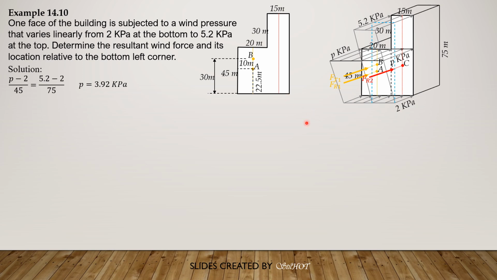So point C is 27.5 from the bottom left corner and 37.5 above the bottom.